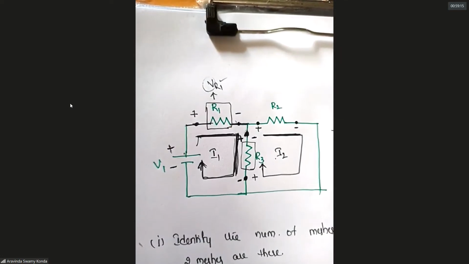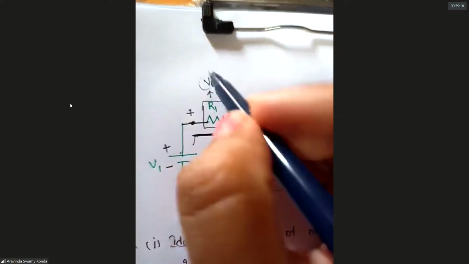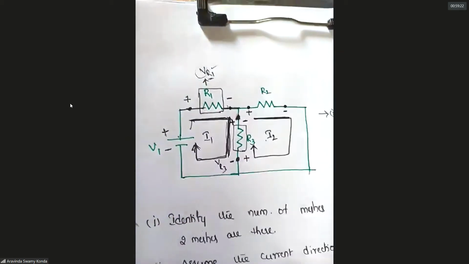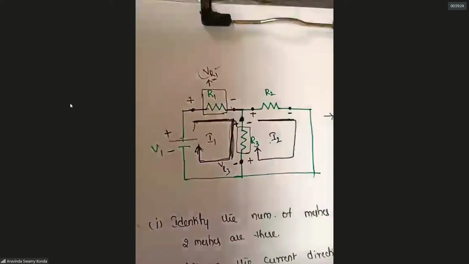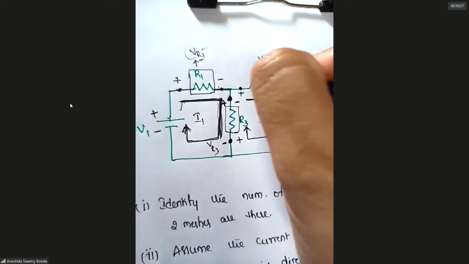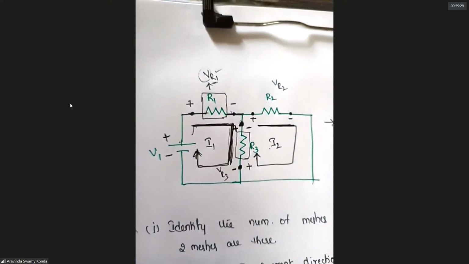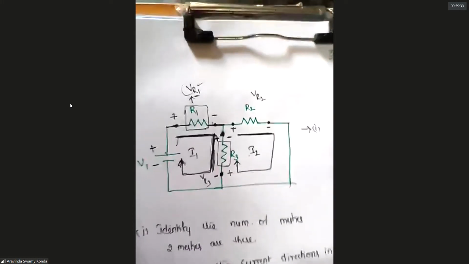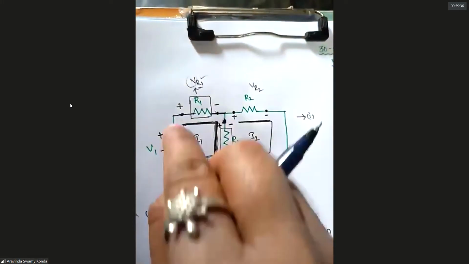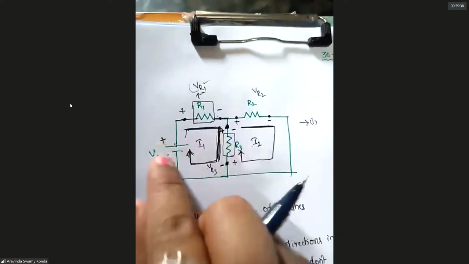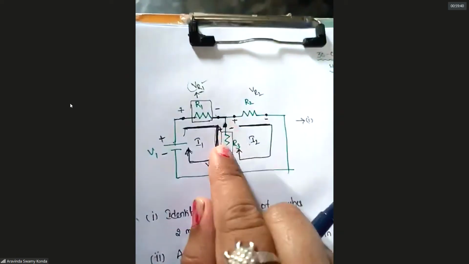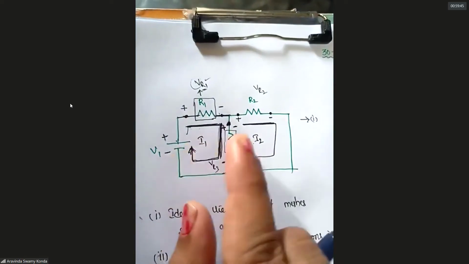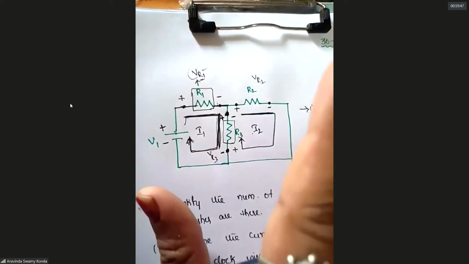This is VR3, the voltage drop across R3, and this is VR2, the voltage drop across R2. That is how much voltage is dropped in that particular resistance. So how many voltages and voltage drops are there in the first mesh? V1, VR1 and VR3. So three voltages and voltage drops are there. That summation equals 0. That is KVL. Am I clear?